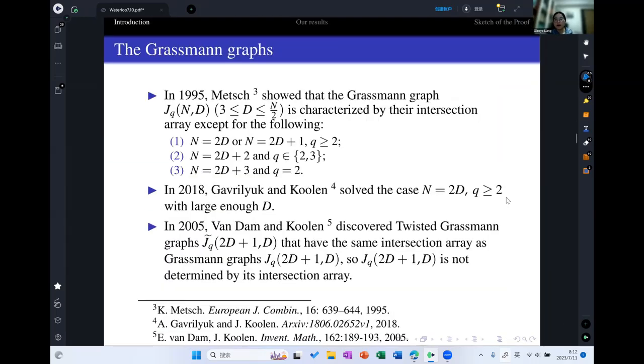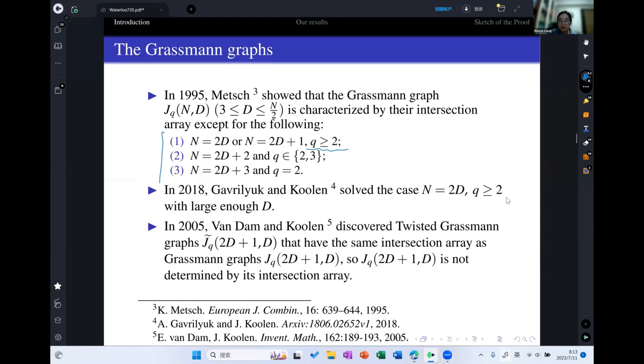In 1995, Metsch showed that Grassmann graphs are characterized by their intersection array, except for these cases: n equals 2d or n equals 2d plus 1 when q is greater than or equal to 2, and n equals 2d plus 2 and q is 2 or 3, and n equals 2d plus 3, q is 2.